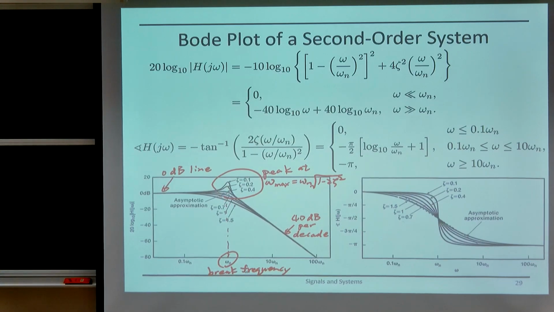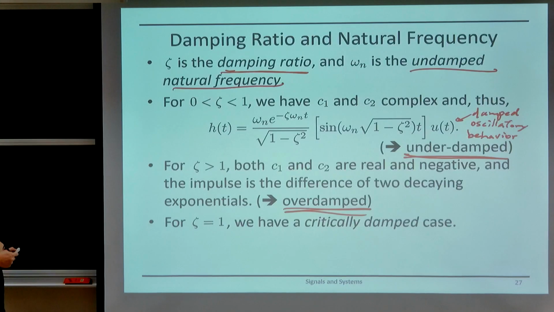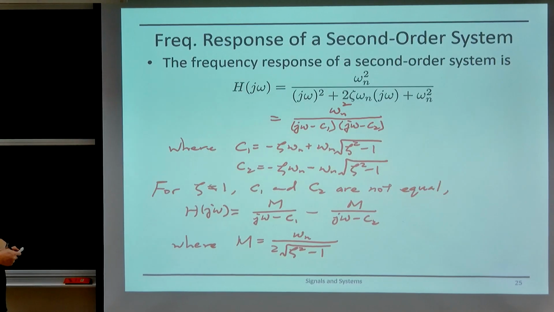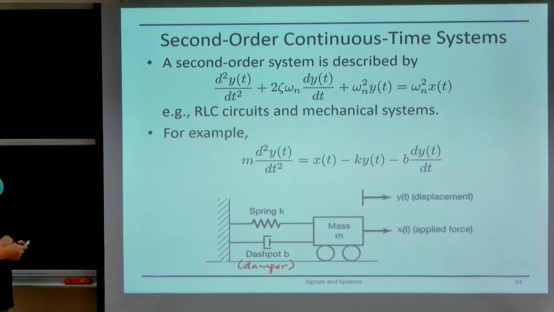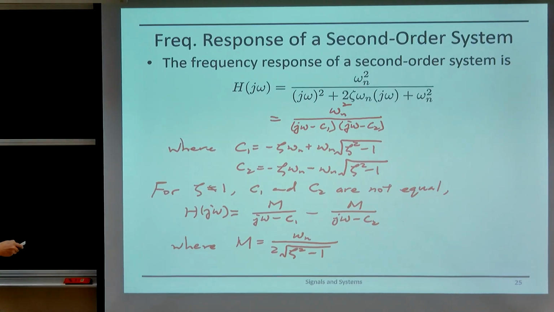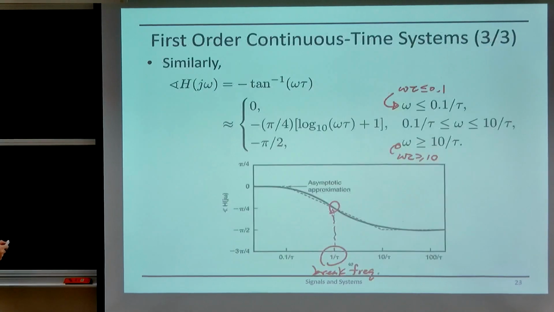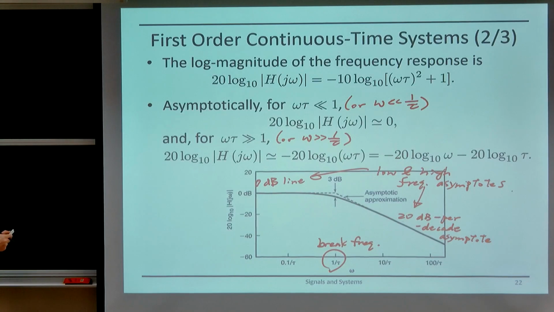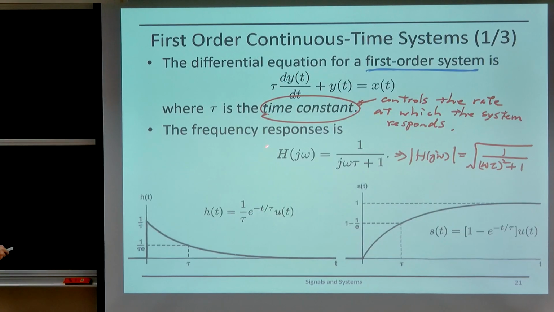So what we know right now is what this log magnitude and phase would look like when the frequency response looks something like this, which is a second order system, or when the frequency response looks something like this.